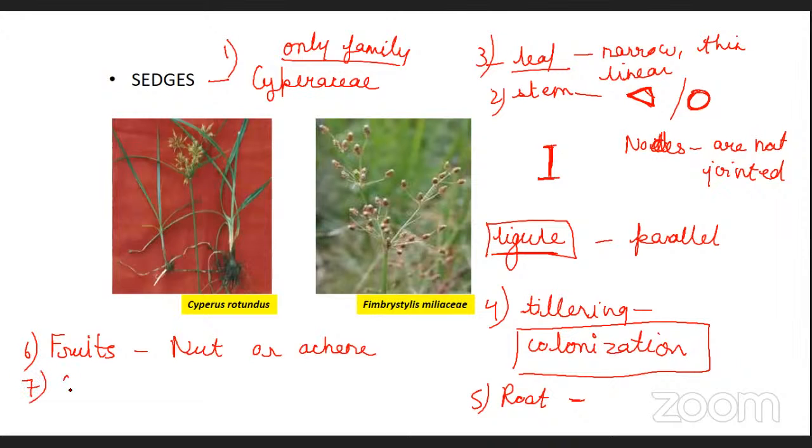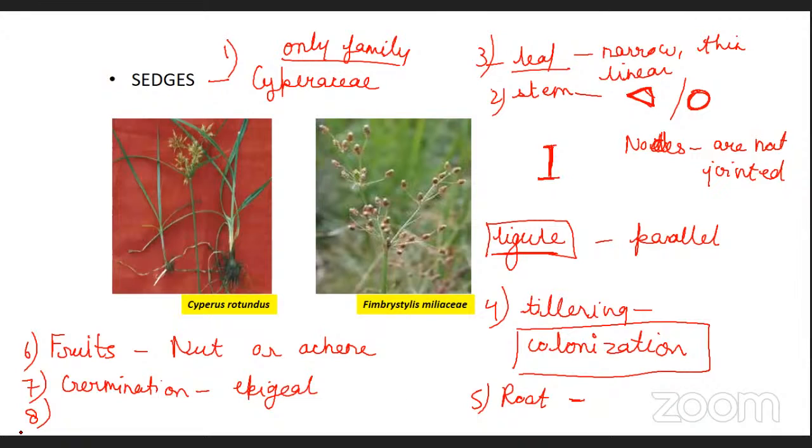Then seven, we have the germination. As we see, in grasses we have hypogeal germination, but over here the cotyledon and terminal parts come out at the time of germination, and because of that we can say they have epigeal type of germination.